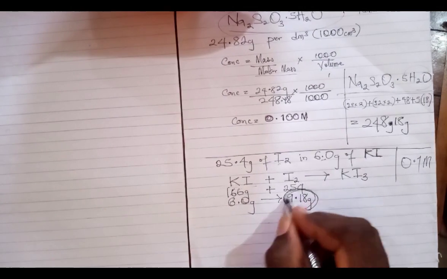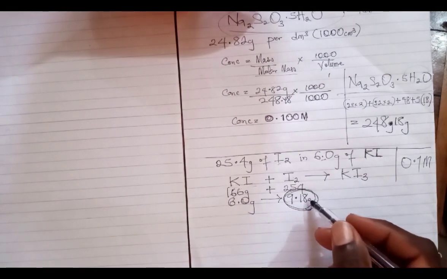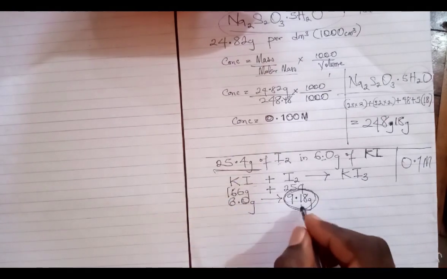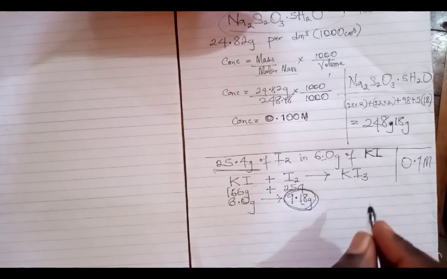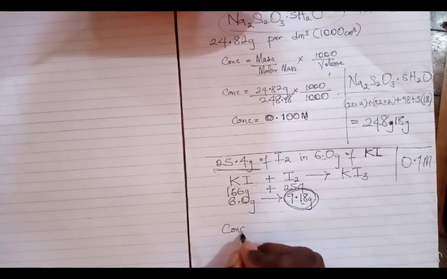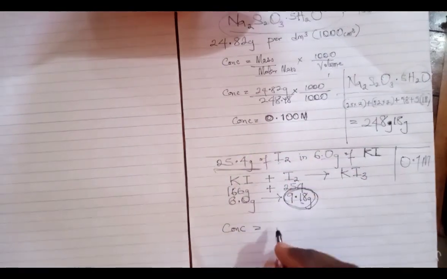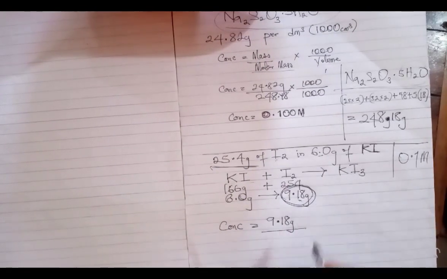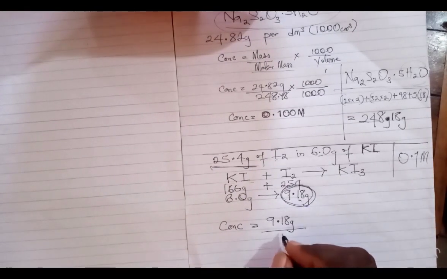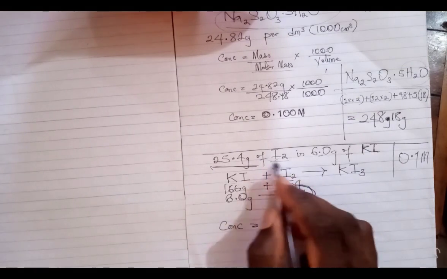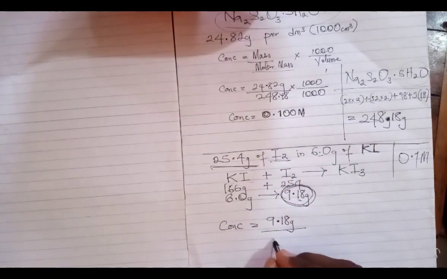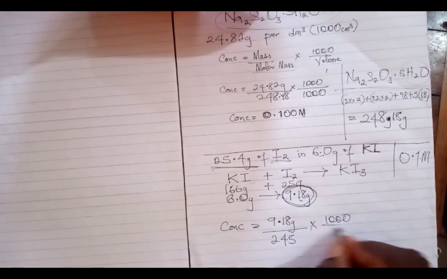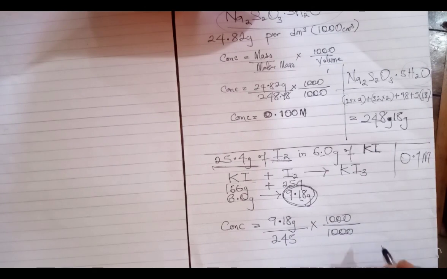So this is the mass that is likely to be dissolved out of this 25.4. Me, I'm going with this as the mass dissolved in 1000 cm cube. So I will calculate my concentration using the same formula: mass, which is 9.18 grams, over the molar mass of iodine, which is 254, times 1000, diluted to 1000 cm cube.